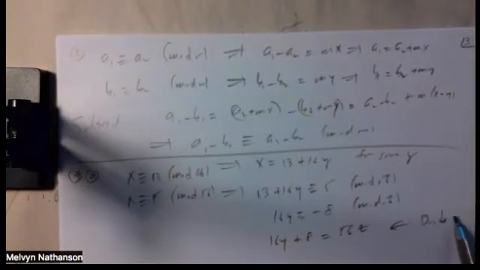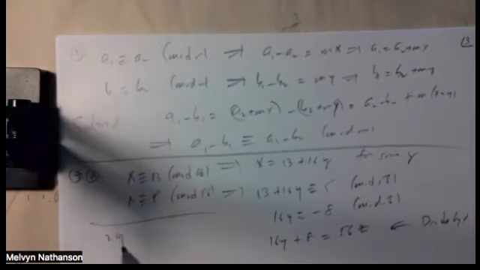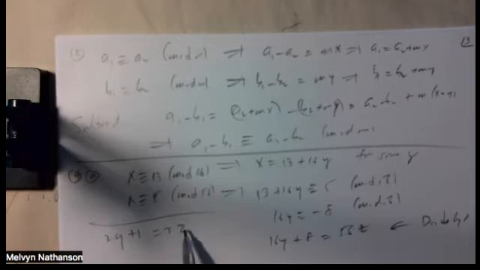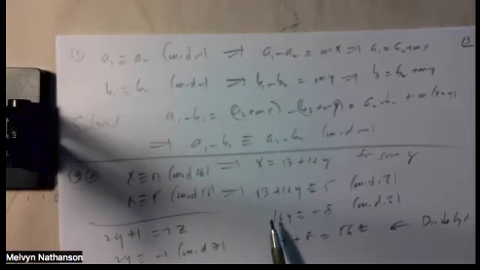If I divide by 8, I would get 2Y plus 1 equals 7Z. Or 2Y congruent to minus 1 mod 7. Exactly what I would have gotten if I divided each of these numbers by 7.